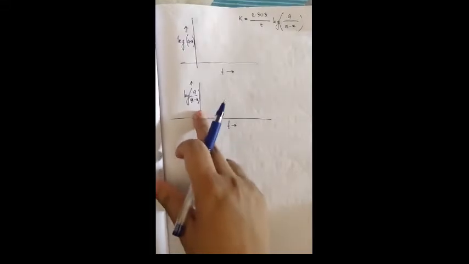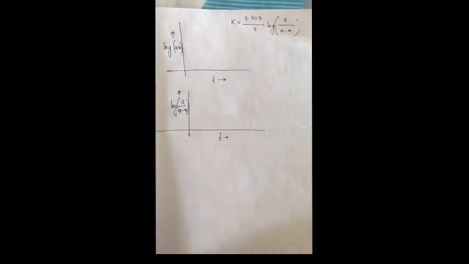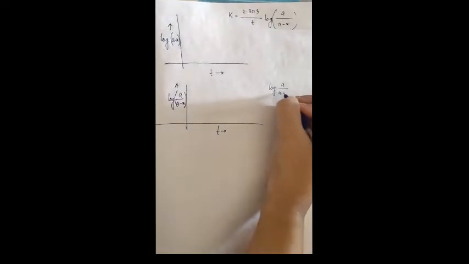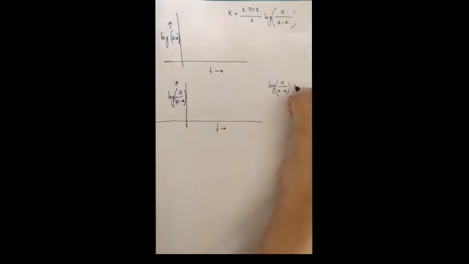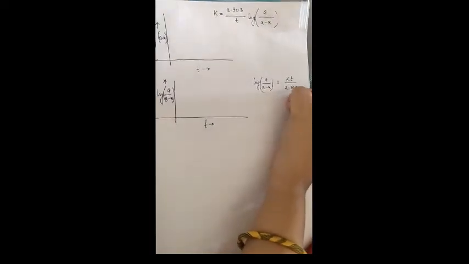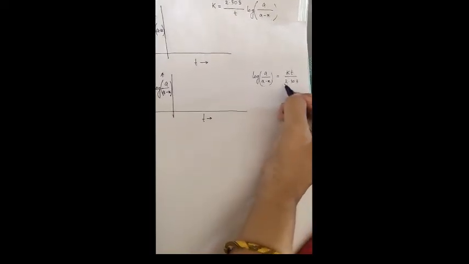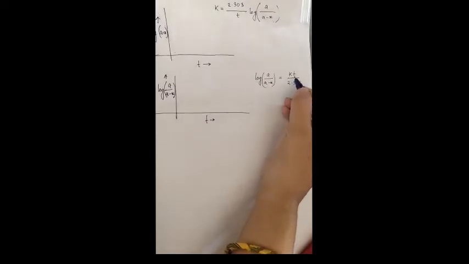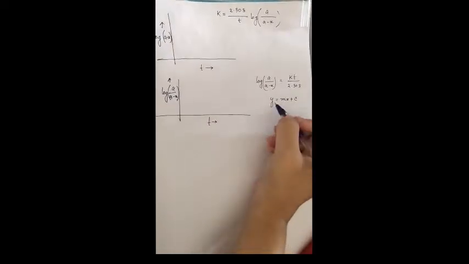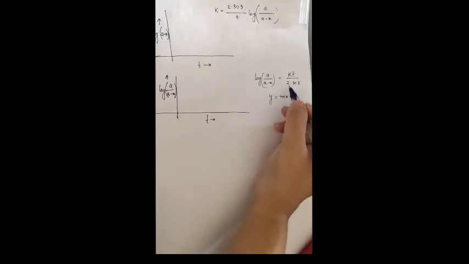So if we plot for a zero order reaction t half versus A0, the concentration, then we get a straight line passing through the origin, where the slope of the graph is equal to 1 by 2K. So this is the graphical representation of the half-life for a zero order reaction.